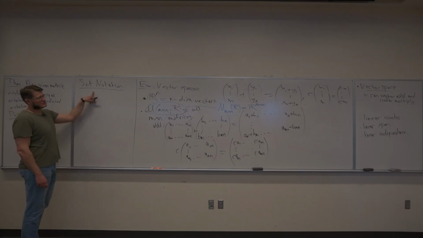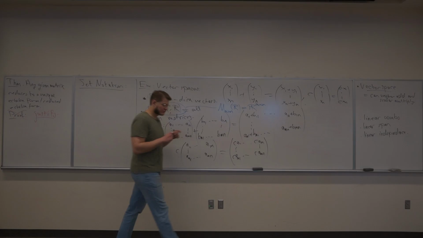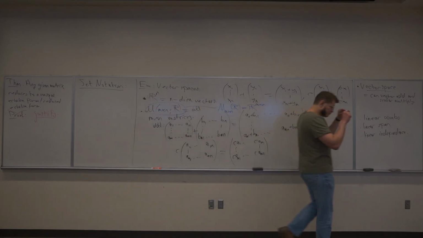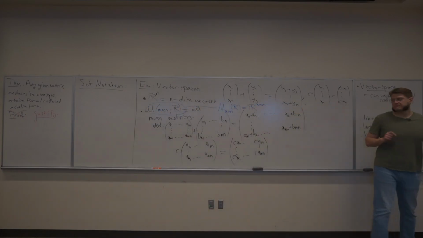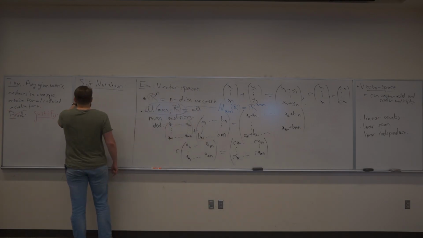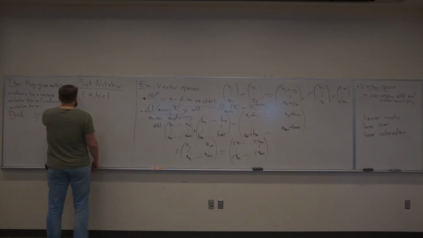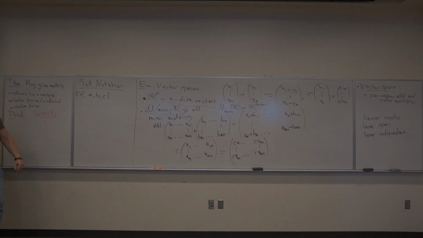Okay, set notation. This is something they use in the textbook. You'll see these curly braces, okay? Whenever you see something like this, let's say A, B, C in curly braces, that's an example. This basically means it's an unordered list.